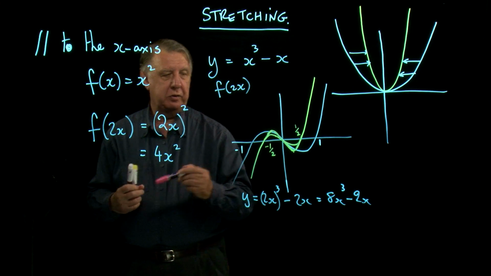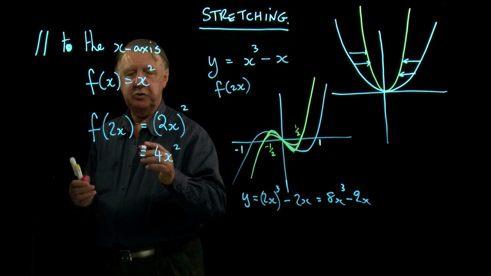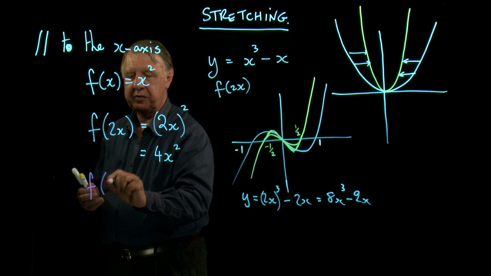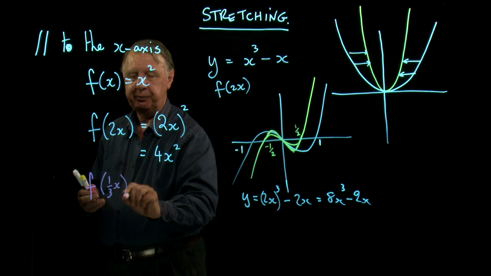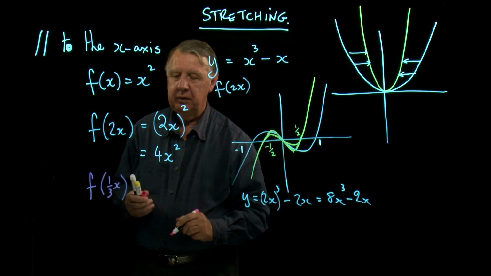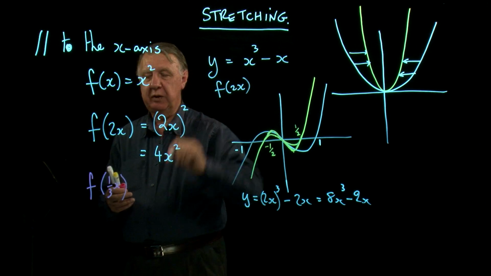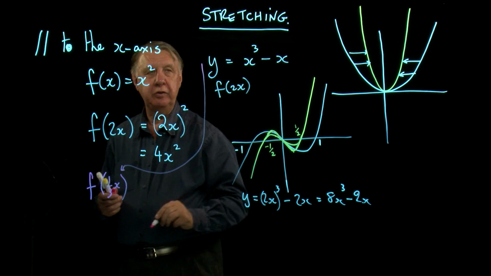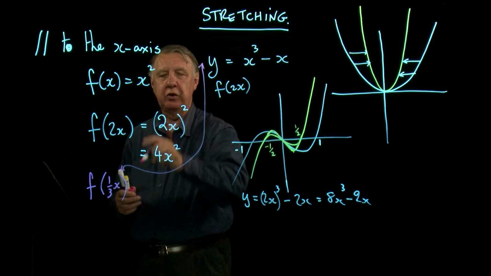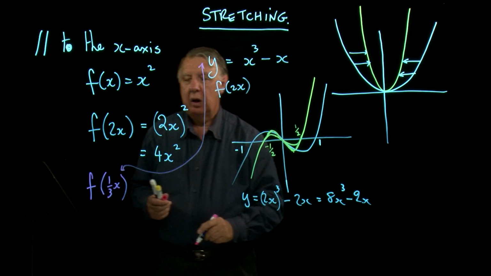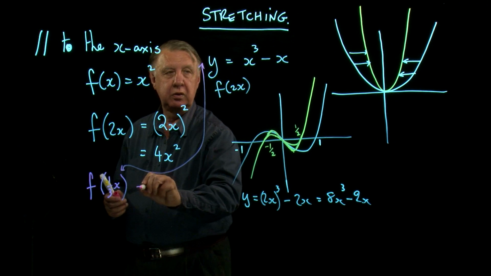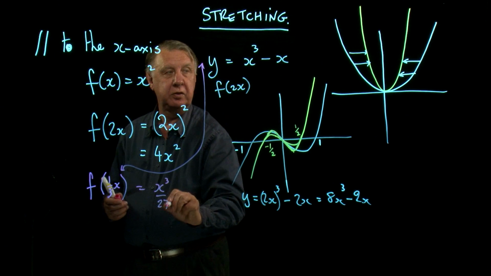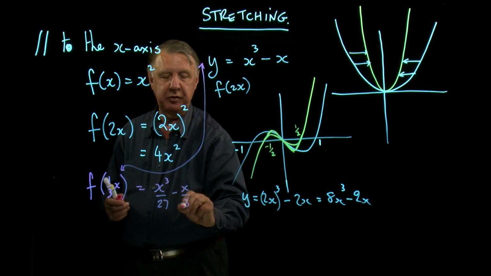Now with the sort of technology we've got available to us here, you're going to have to take my word for the next bit. If I said what's function 1/3 x, then based on this one, so I want to use that equation and not this one, I would find 1/3 x cubed is x cubed over 27 minus x over 3.